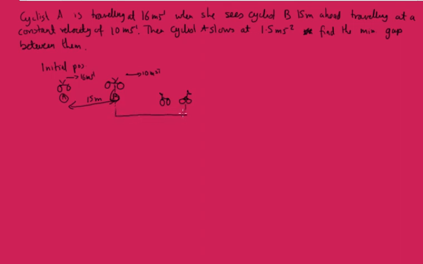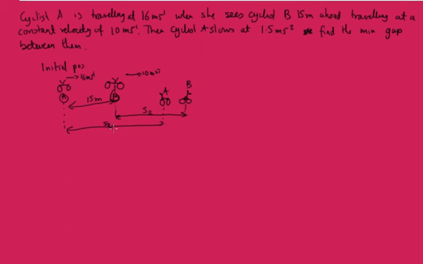So during that time, there'll be a distance S1 that cyclist A travels. This is still A and this is still B. And then there'll be some distance here that cyclist B has travelled.